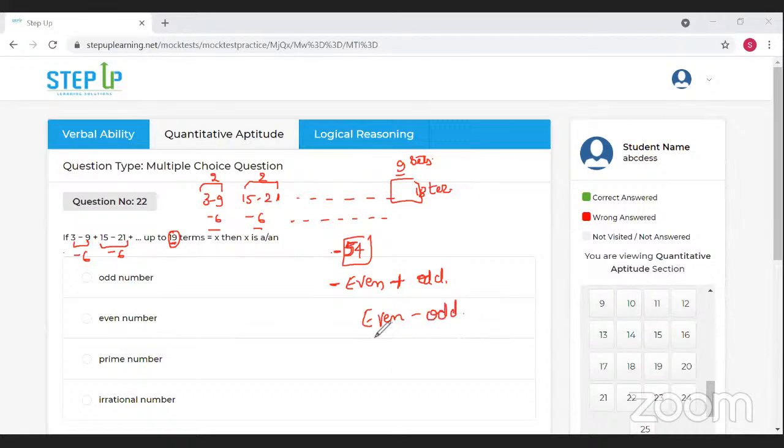Now take any even minus odd. Just take some numbers: 10 minus 3 is 7. Take 16 and 11: 16 minus 11 is 5. So every time you get an odd number, that's why X will be an odd number. Okay, fine.